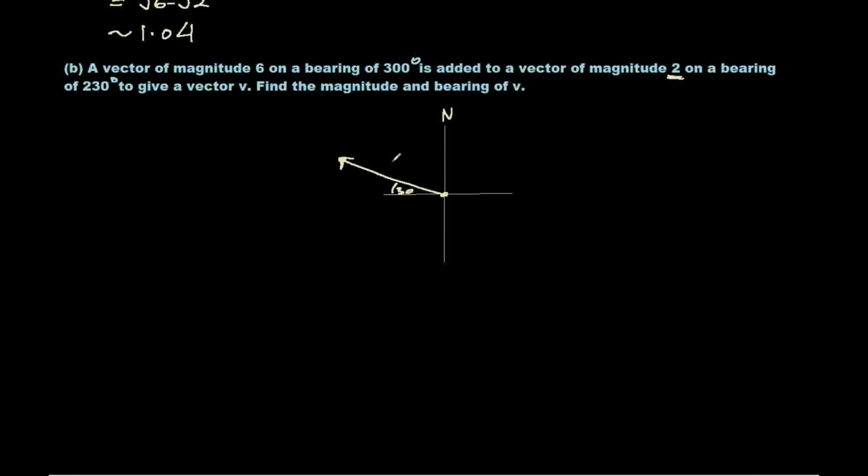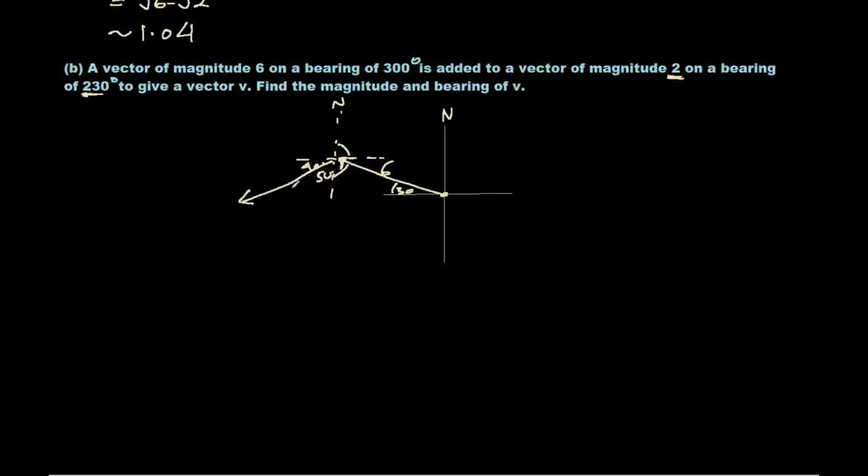So this is magnitude 6, and from the head again we will draw a north here, and the bearing has to be 230 degrees and magnitude is 2. So it is 90, 180 and 230. That means it will be somewhere going this way. For 230 this will be 50, that means this will be 40. Okay. So one vector added to this.